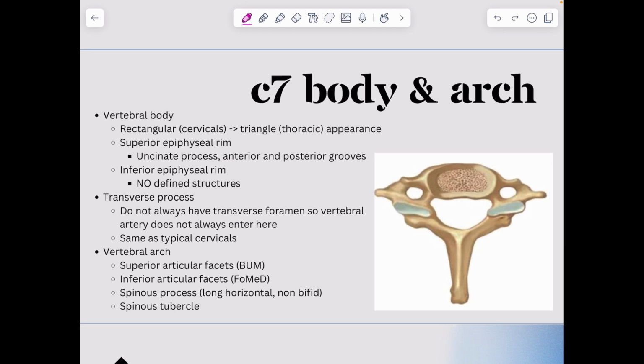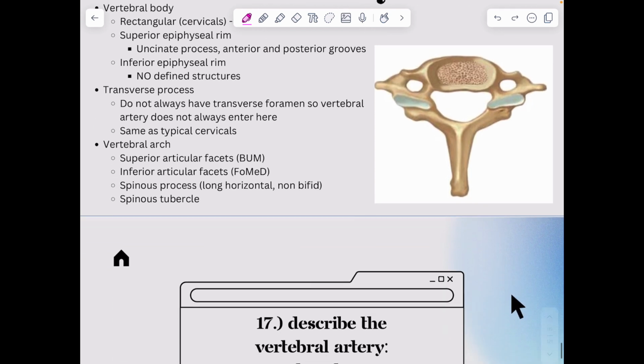Once again, this is because of the transition zone: the superior is going to be like the cervicals, and the inferior is going to resemble the thoracics. So you'll learn that the thoracics are forward-facing, the inferior articular facets. The spinous process is long, horizontal, non-bifid, and it has a spinous tubercle at the end, of course.